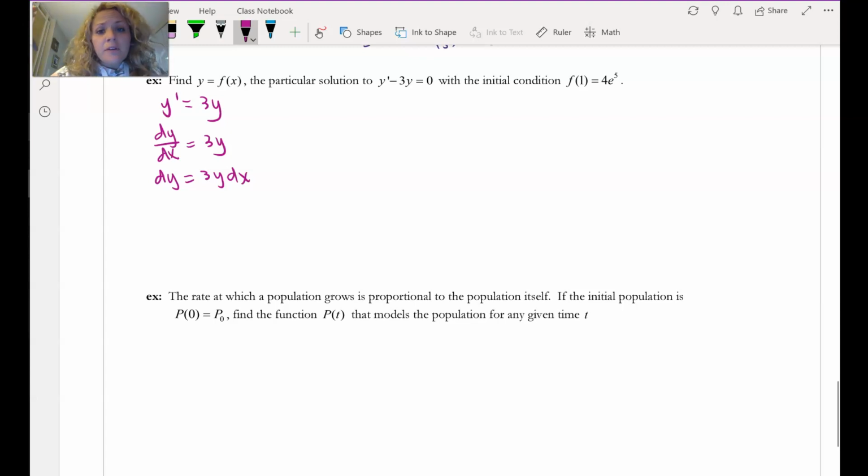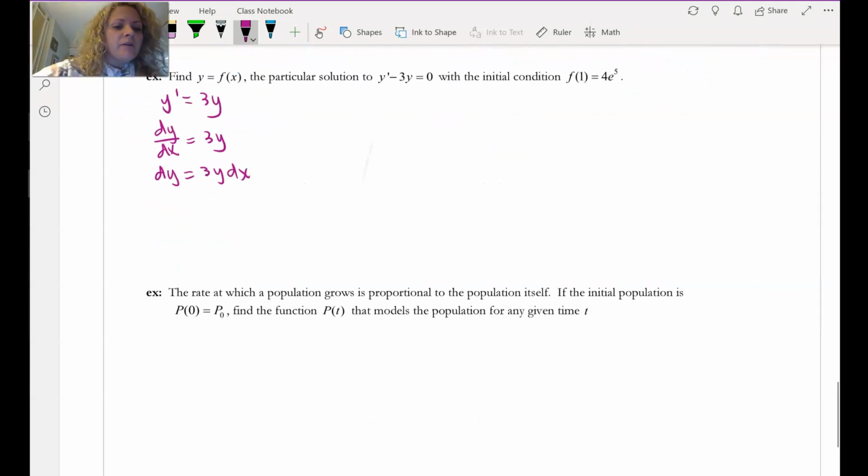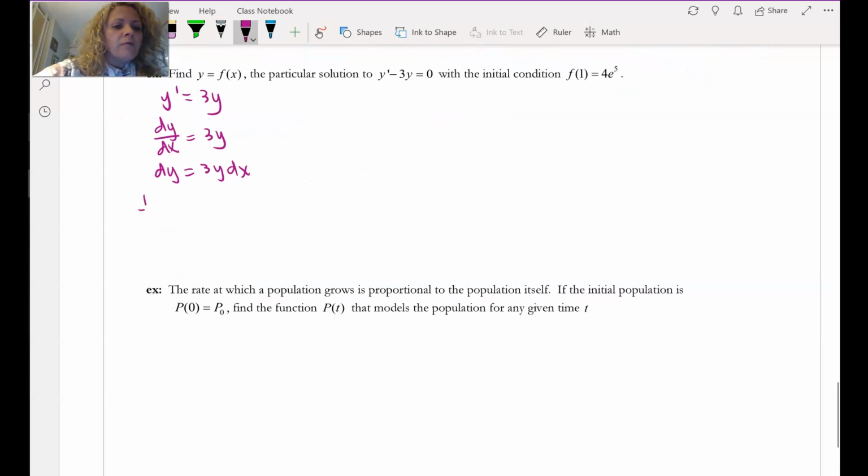And there's no other x's to worry about. The only thing we need to do is get that y to the other side. So by dividing both sides by y, we can do that. So we get 1 over y dy equals 3 dx. All right, so that's the first step, to separate.